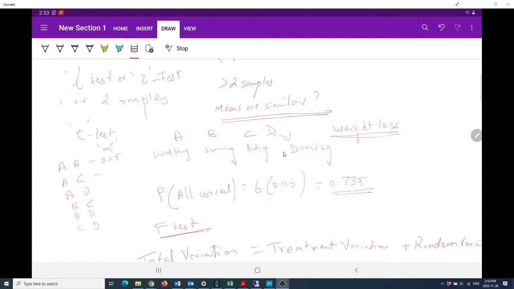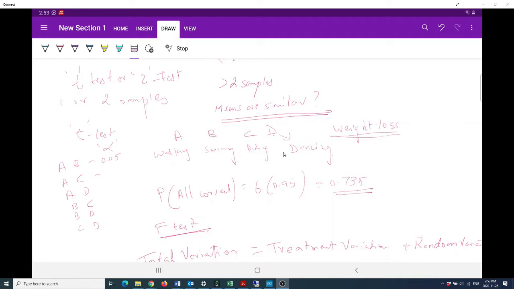That means only 73.5% of the time will you have all 6 t-tests correct, and 26.5% of the time you will reach the wrong inference. This high probability of type 1 error is not acceptable.